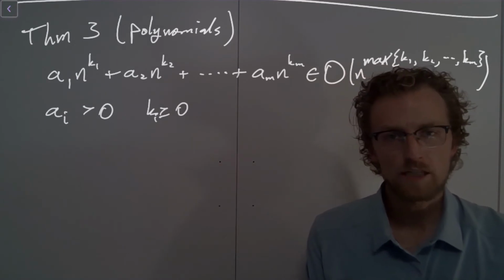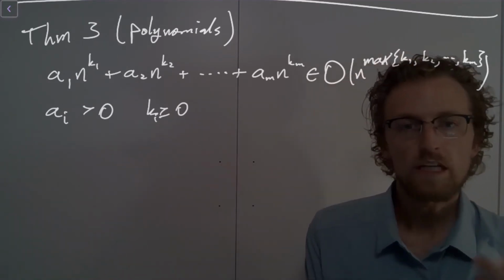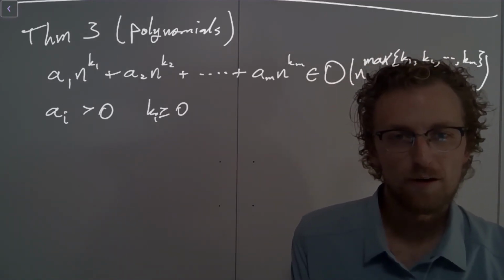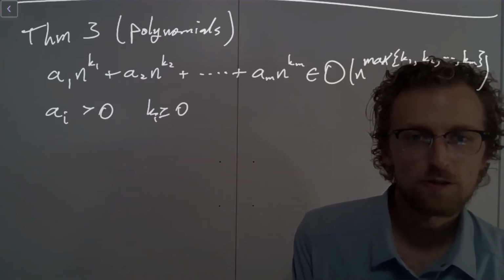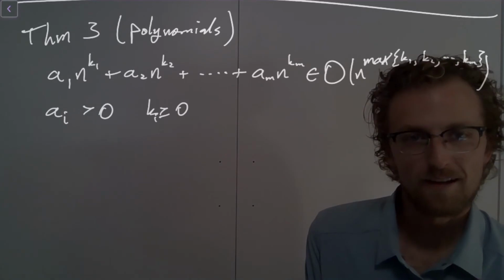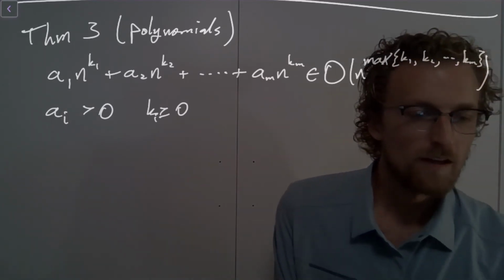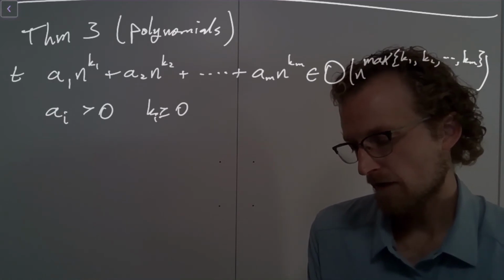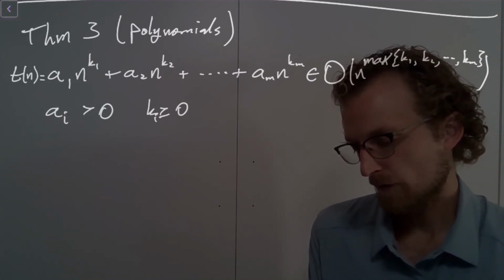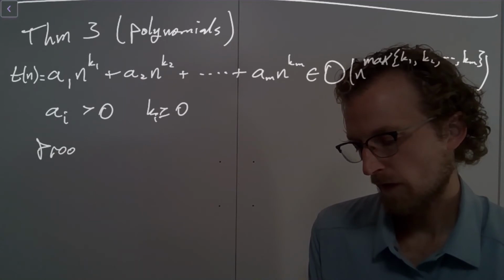Okay, so why is this the case? I don't need to give you the full proof from the definitions. Instead, I can give you the proof from the actual previous two theorems. Okay, so what do I have? Let's call this T of n equals this. So what's my proof?